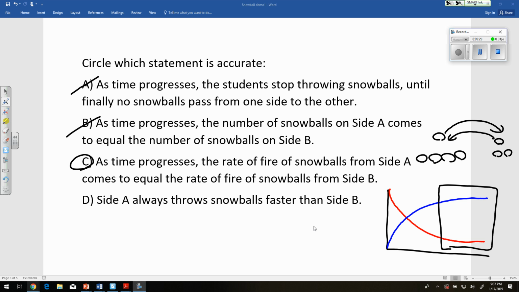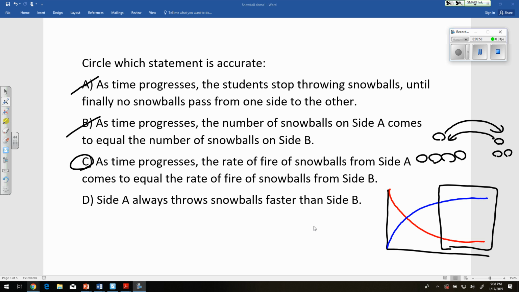The side with fewer people had more snowballs to throw, so they didn't have to hunt around. The side with more people had fewer snowballs to throw, so they had to hunt around to find them. So at that point, the rate of fire from one side to the other equaled the return rate of fire, and so therefore the number of snowballs on each side stayed the same, even though snowballs kept being exchanged. So the correct answer is C.